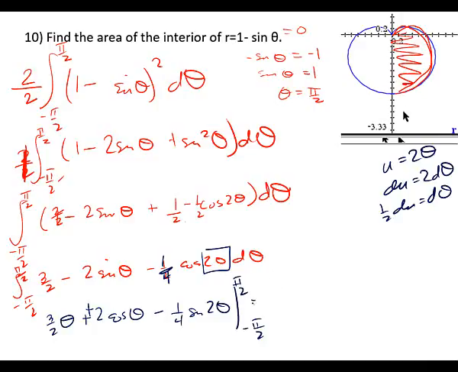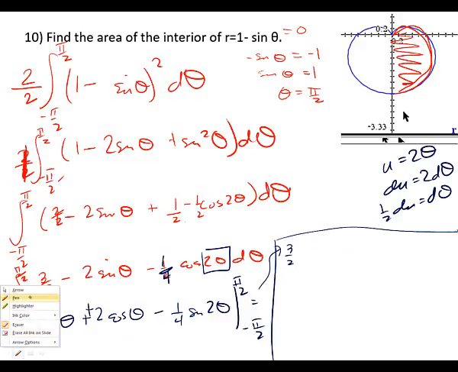All right, I'm going to see if I can squish my final answer into this little chunk right here. So 3 over 2, not 3 pi over 2, times pi over 2, plus 2 cosine of pi over 2.